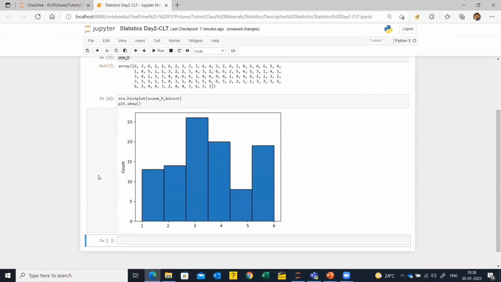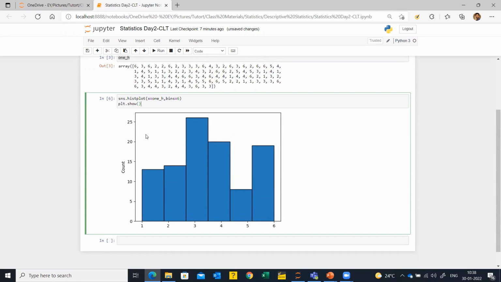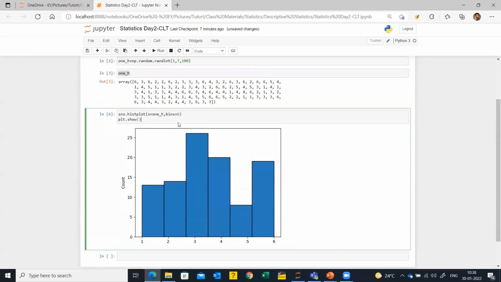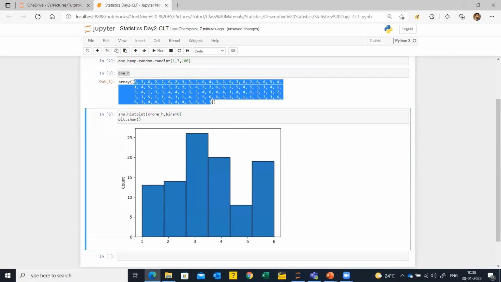Okay, any question? So you created a histogram using sns and you want to show this to your end users. So you use plt.show. Yesterday also, we have done the same. See, it has created 6 bins for you. Bins as in the number of counts of 1 in the entire 100. The total number of integers are 100, right?